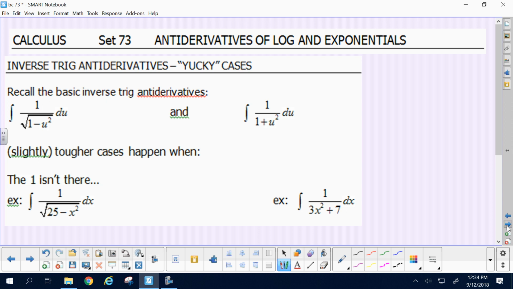You know that these basic shells are arcsine of u and arctangent of u, yeah? Now, the question is, be able to adapt it to this problem and that problem based on a given rule. So how to take a known rule and figure out what is applicable here, that's the hard part of today.